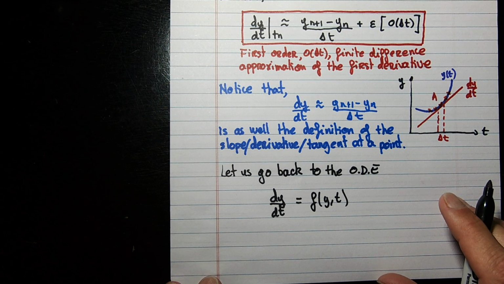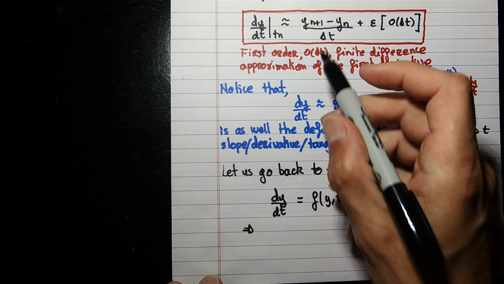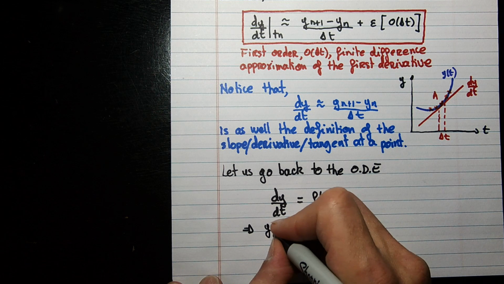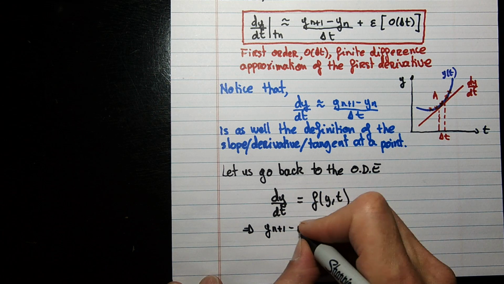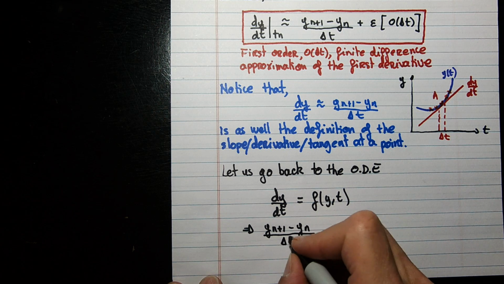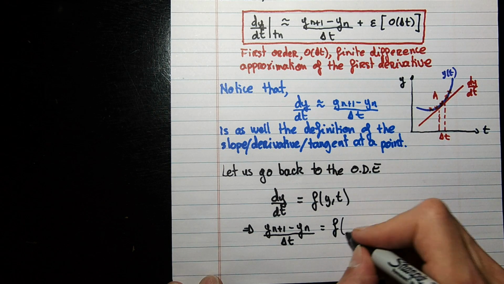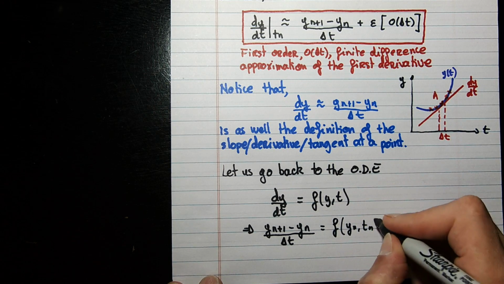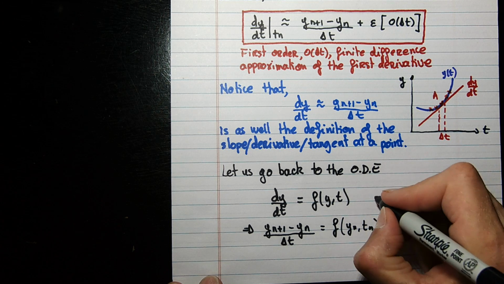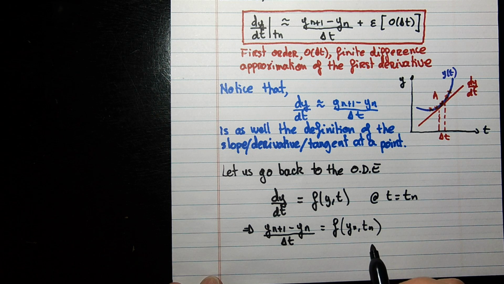So now, using this definition here, we can write this as what? Using the definition over here, it will be y_{n+1} minus y_n divided by time step delta t equal to f at the time n, y_n, t_n. So we have this.